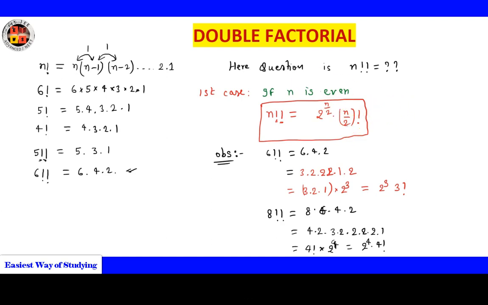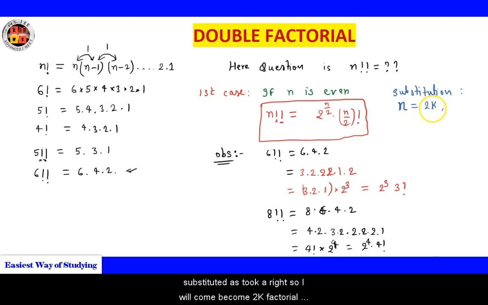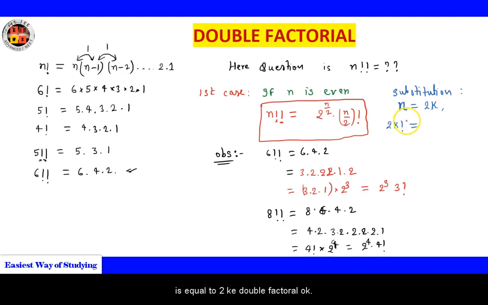If we apply a substitution, n will be substituted by 2k. So 2k double factorial will be 2 to the power k into k single factorial.